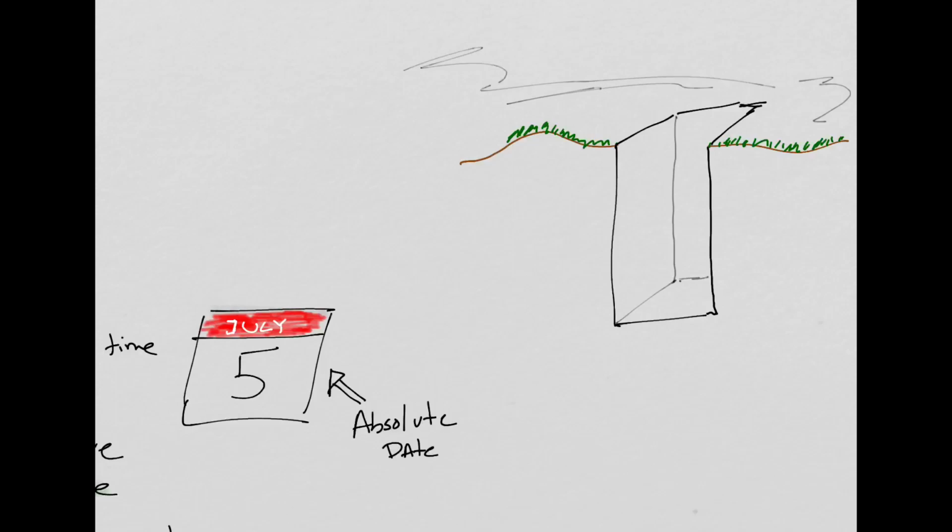Now, as an archaeologist is excavating, they are recording, of course, right where they find things. In our imaginary test unit here, just say I've got things in the profile.